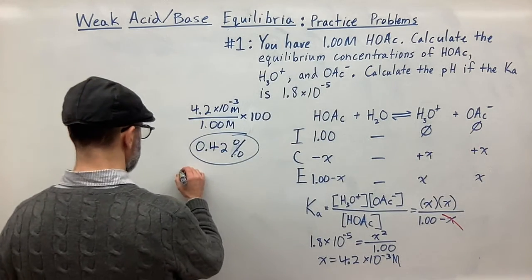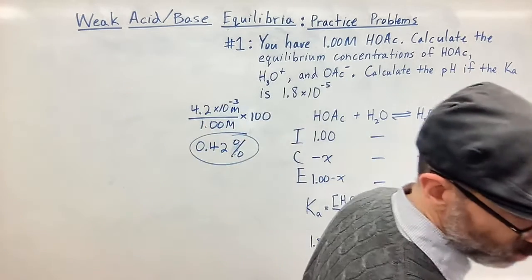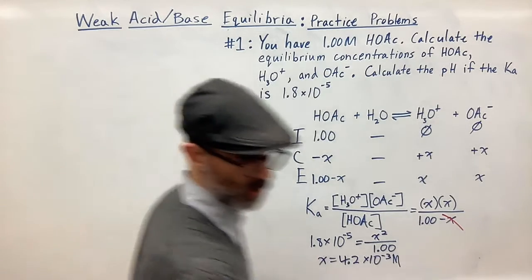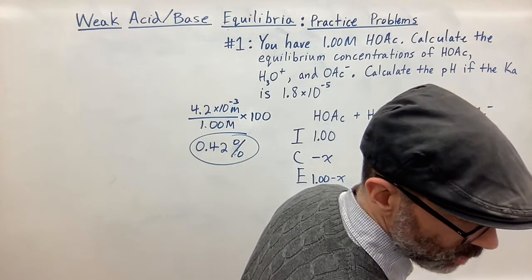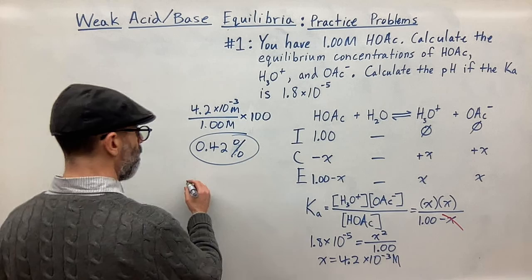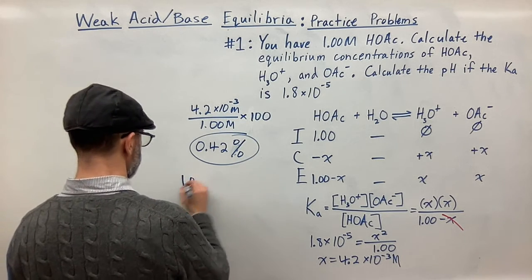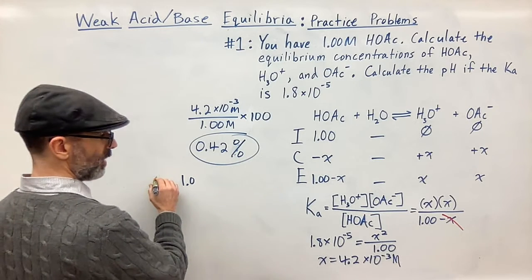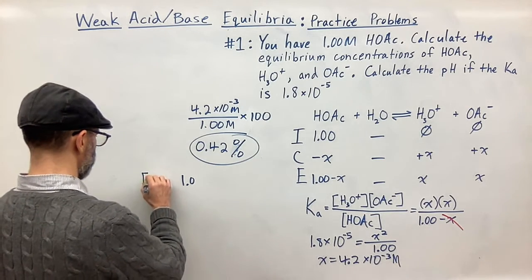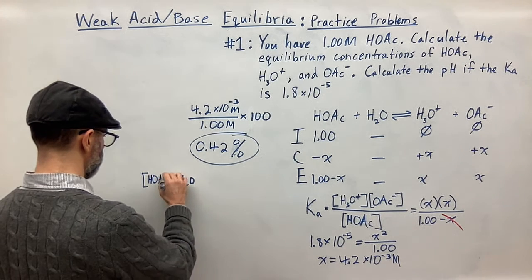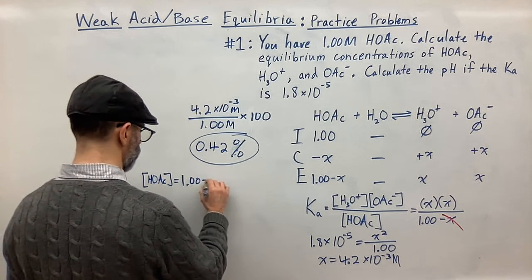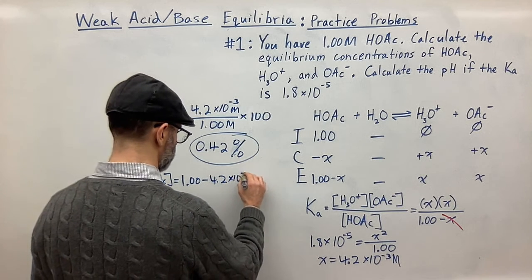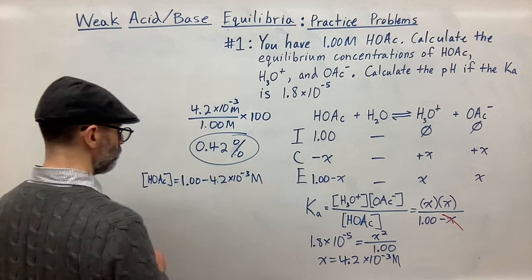So the HOAc concentration is equal to 1.00 minus 4.2 times 10 to the negative 3 molar.